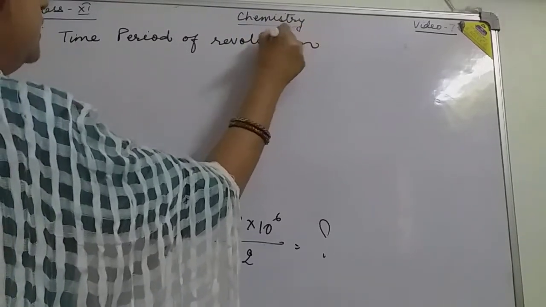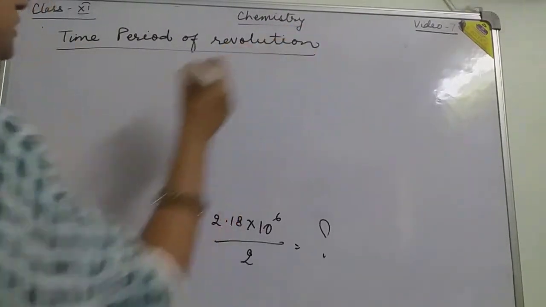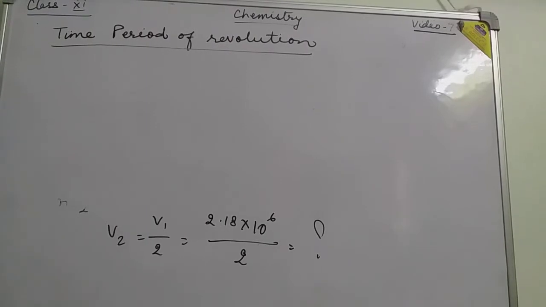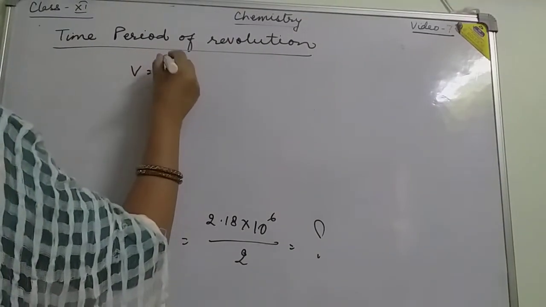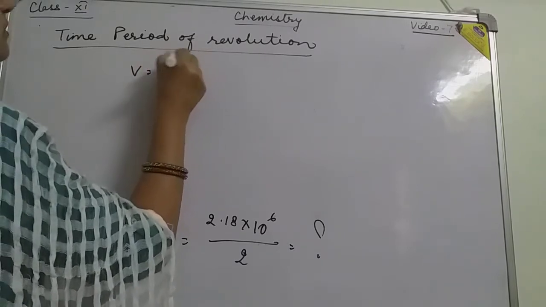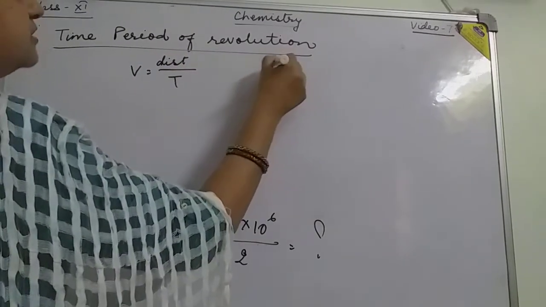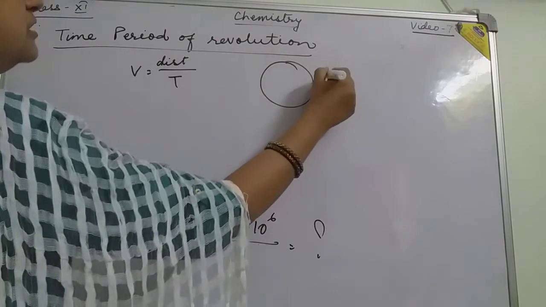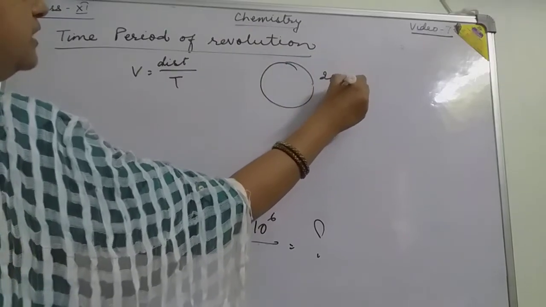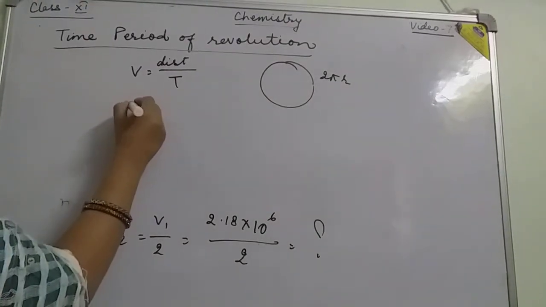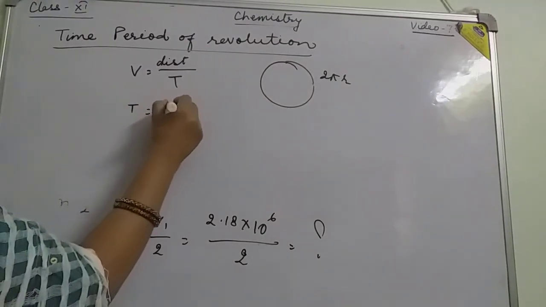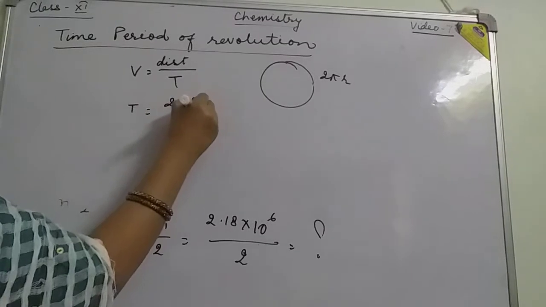To revolve an electron in a definite shell, what is the time required? We know that velocity is equal to distance by time. In a circular path, the distance is 2 pi r, as it is the circumference of the circle. So t equal to 2 pi r by v.